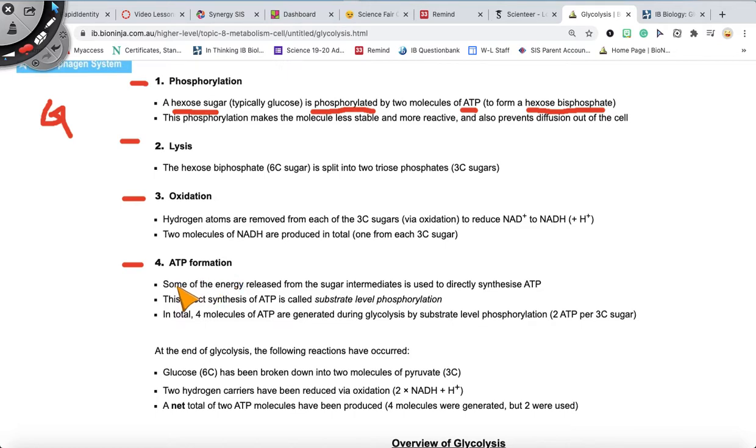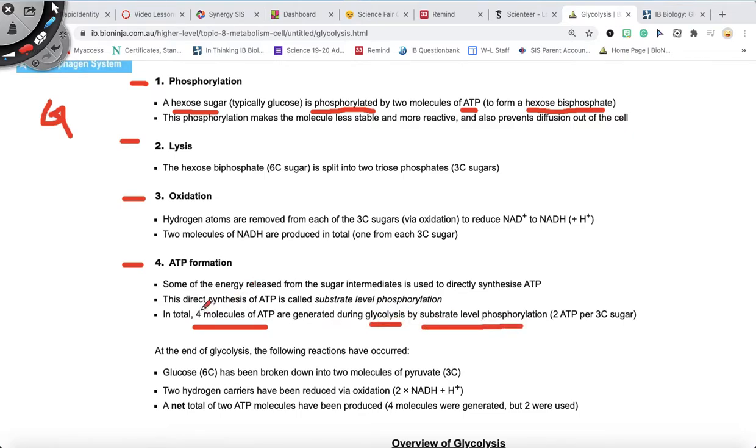ATP formation. Some of the energy released from the sugar intermediates is used directly to synthesize ATP. The direct synthesis of ATP is called substrate level phosphorylation because you need a sugar intermediate. And you're going to end up with a total of 4 molecules of ATP generated during glycolysis. So this is important, 4 molecules of ATP generated during glycolysis by substrate level phosphorylation.